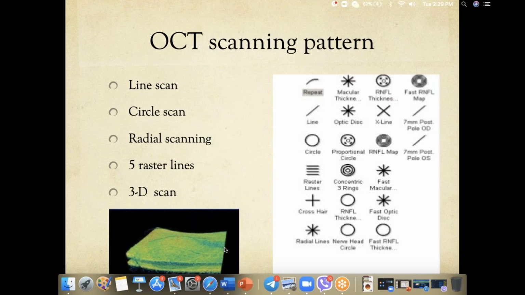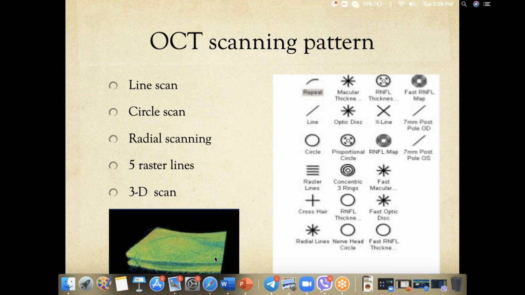Between these two lines the scans are not very good, so you won't be able to make a very good interpretation about a small lesion.